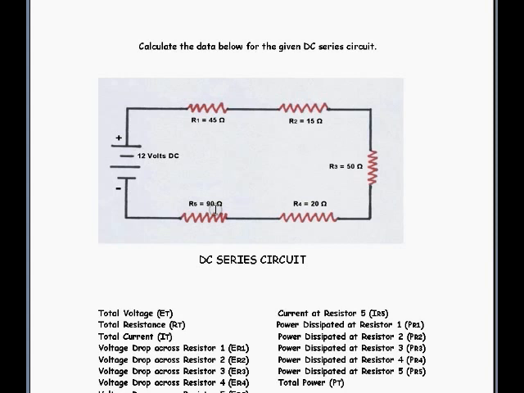Now, if this was a parallel circuit, you could not add the resistors cumulatively, but you would need to use the inverse summation rule, which I will explain in the parallel DC electrical circuit lecture. But this lecture focuses only on DC series electrical circuits.